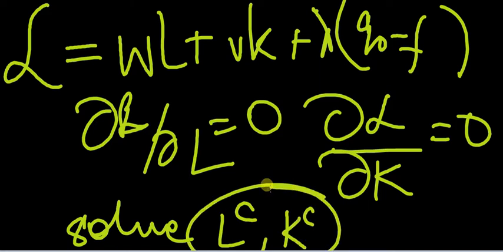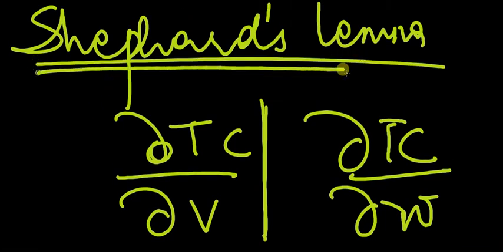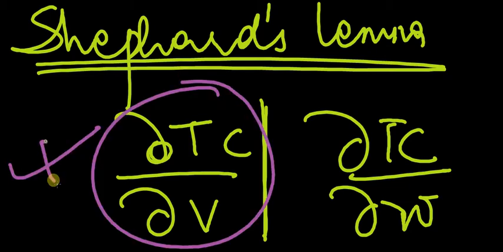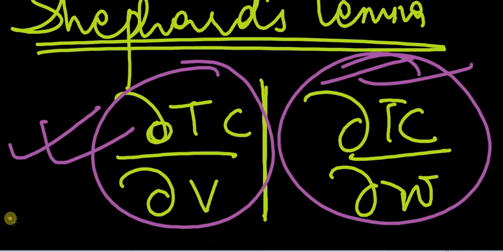That is one way. The other way was given by Shepherd and hence is known as Shepherd's lemma. It tells you to simply differentiate the total cost function with respect to V and with respect to W to get the contingent demand functions.